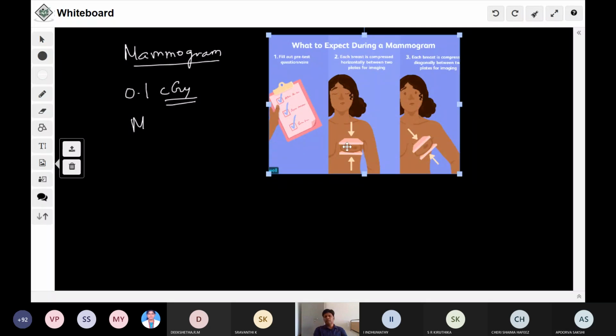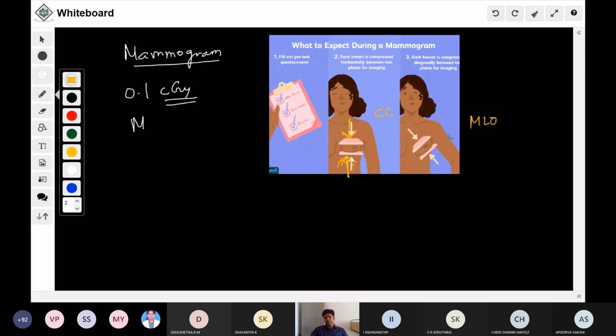The first view is called the craniocaudal view, where the breast is compressed between two plates, one from the cranial side and another from the caudal side, and then you take the image. This one is the mediolateral oblique view.